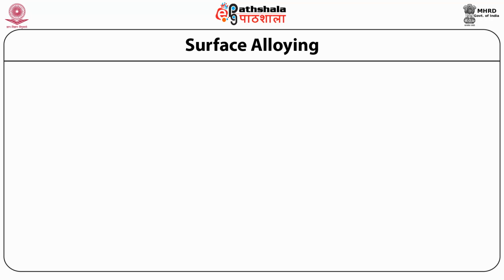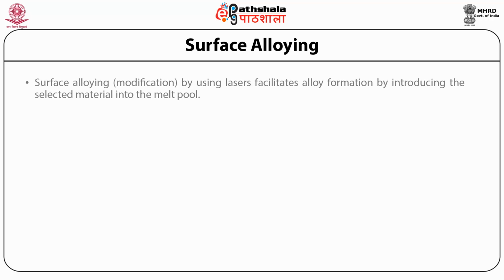Let us next discuss the surface alloying technique. Surface alloying, or I can say modification, by using lasers facilitates alloy formation by introducing the selected material into the melt pool.